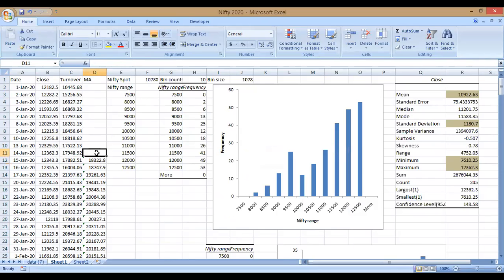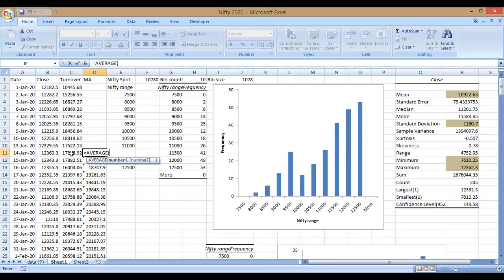Here is how you make a moving average. You take a point and use the average function, and the values you take should be such that this point is the middle point.